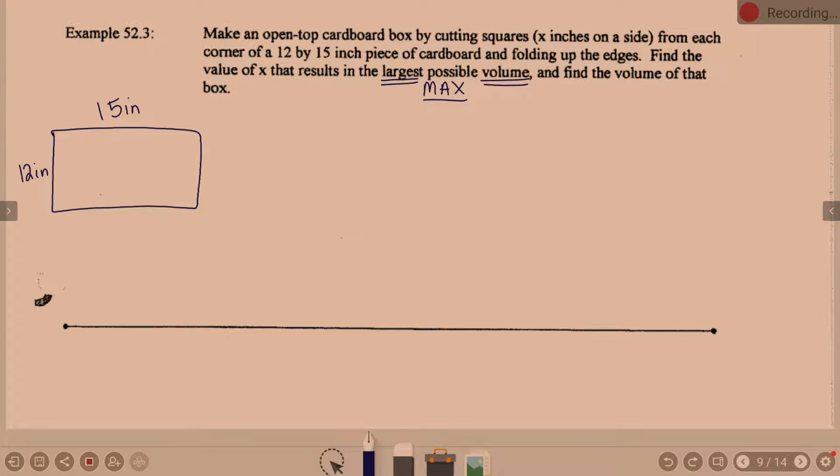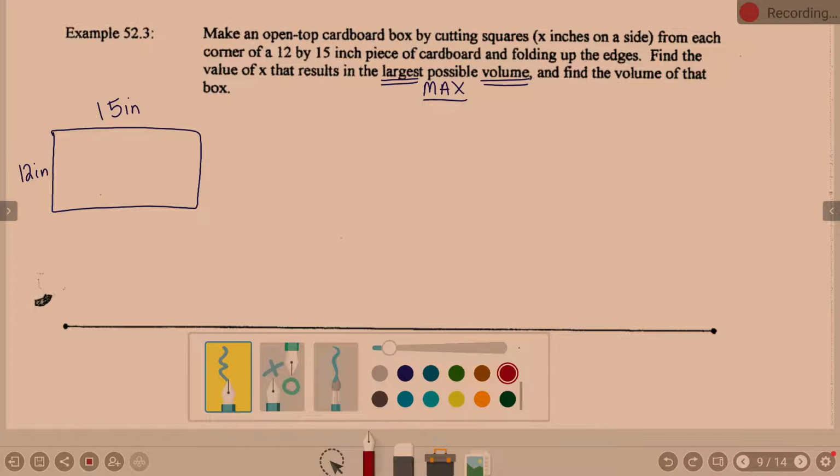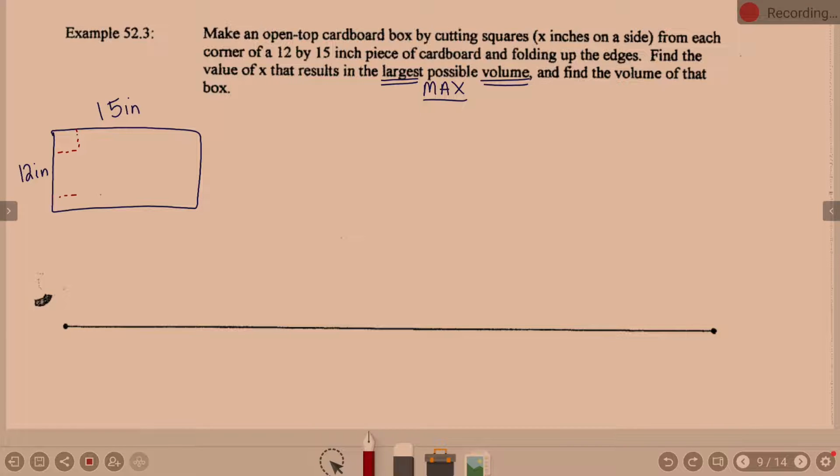And then what are we doing? We're cutting out all the little corners. And as we cut out all those little corners, each of those little corners are X by X, right?